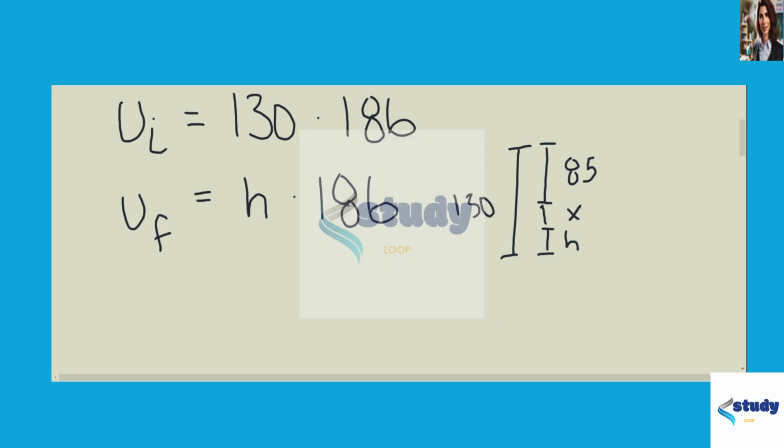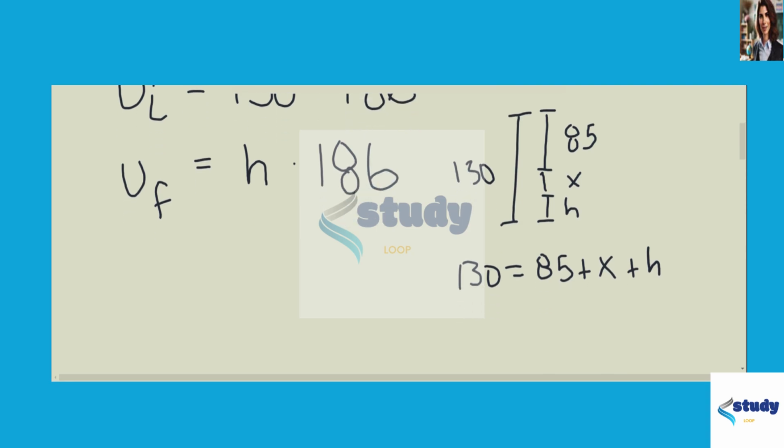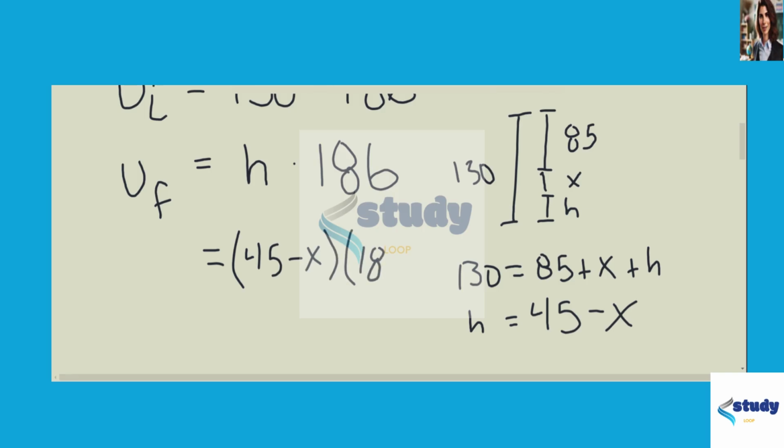So if we write this into an equation, we could say that 130 is equal to 85 plus x plus h. Now solving for h, we get 45 minus x. Now that's a lot more useful. So we can change this potential to be 45 minus x times 186.